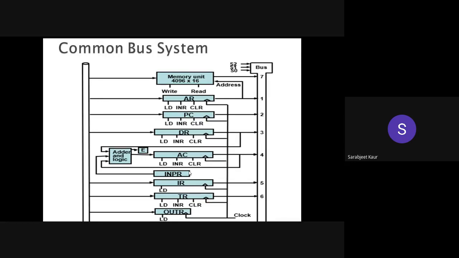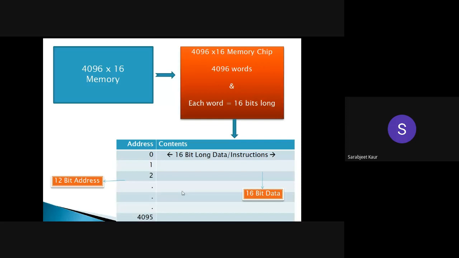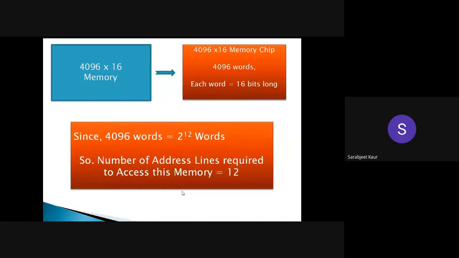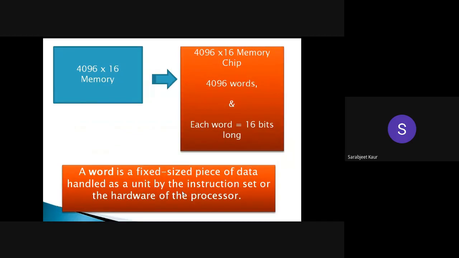Next class we will be revising the registers in the common bus system. Once again, we'll have a recap, and then I'll discuss certain questions based upon this common bus system and these concepts of the main memory and the data lines and the address lines that we did in the last class.